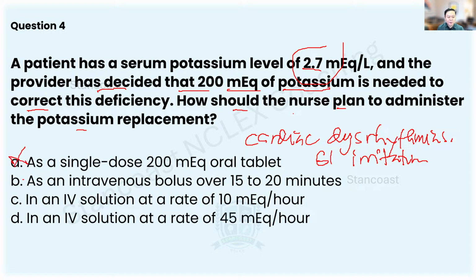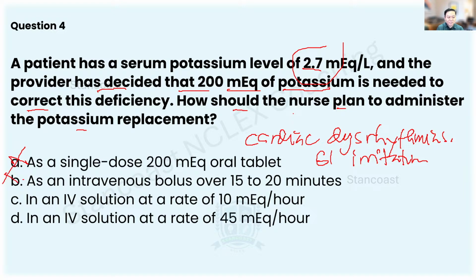What about letter B? As an IV bolus over 15 to 20 minutes, like I said earlier, you're never going to give an IV potassium bolus because this can lead to cardiac arrest. It has to be regulated. It has to be given slowly in a diluted solution to prevent life-threatening dysrhythmias.